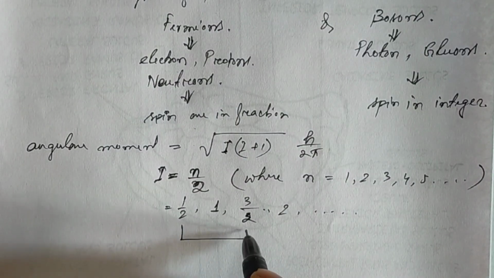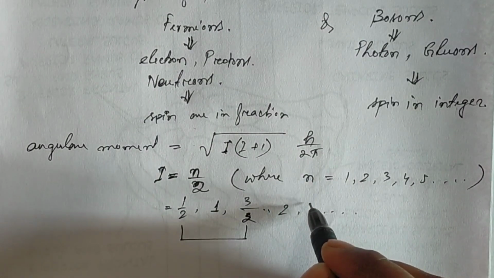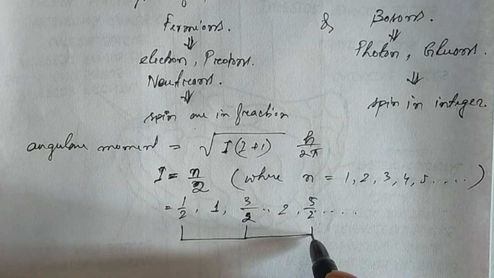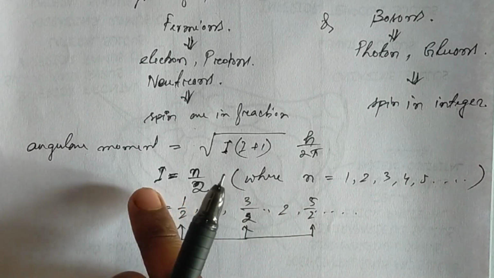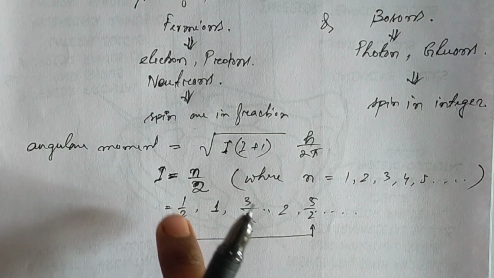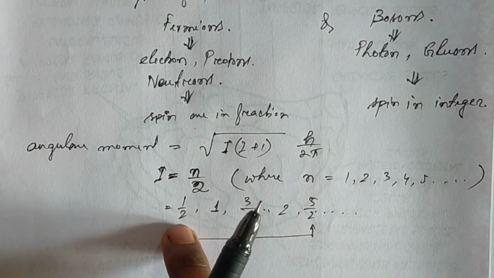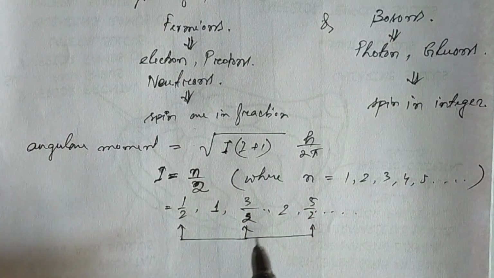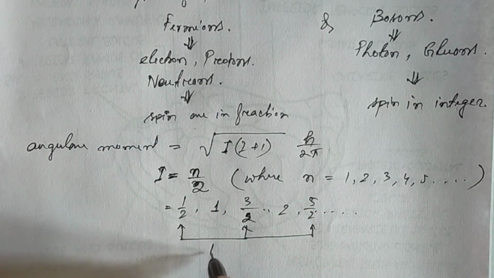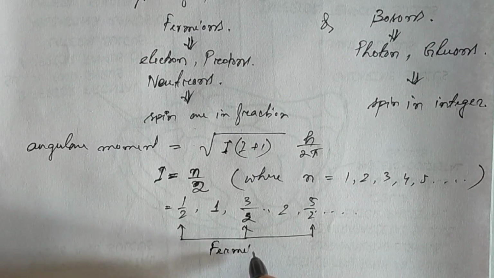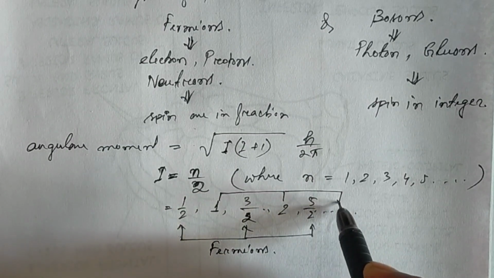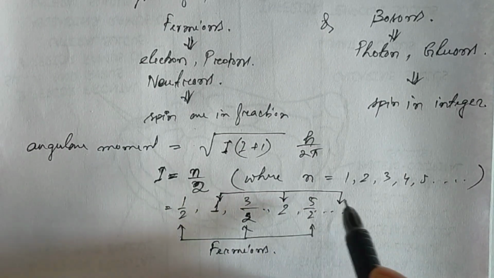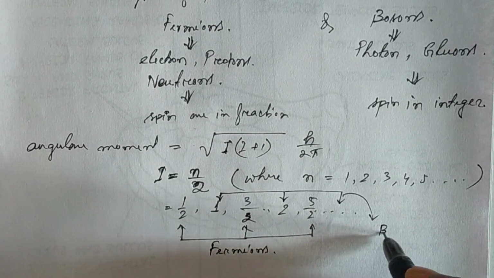Half, 3 by 2, 5 by 2 are fractions, and where the value of I is a fraction, these are called fermions. And where it is an integer, 1 or 2 or 3, these are called bosons.